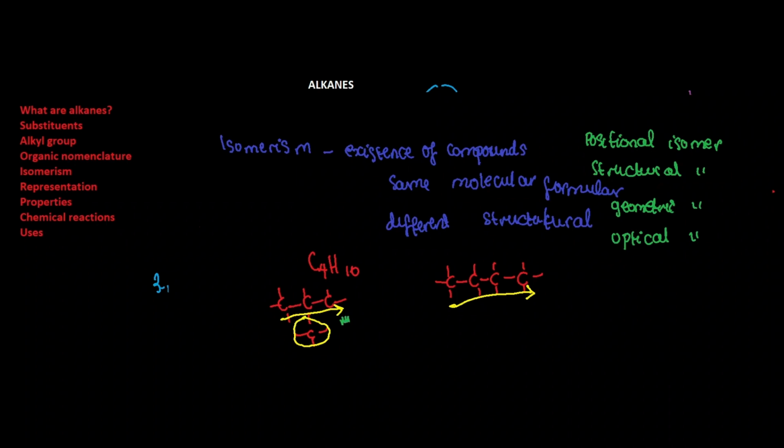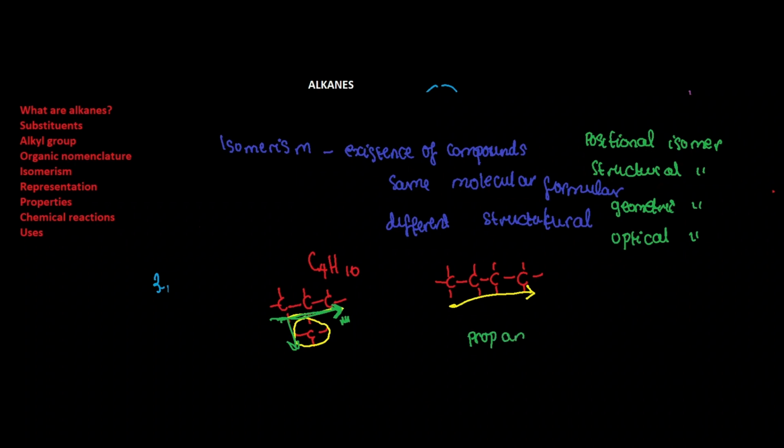So if we are to name this particular organic compound, of course, we would identify the longest carbon chain, which is this, or of course we could go this way, but either way would still have the same name. So picking this as the longest carbon chain, then we would have our root name.